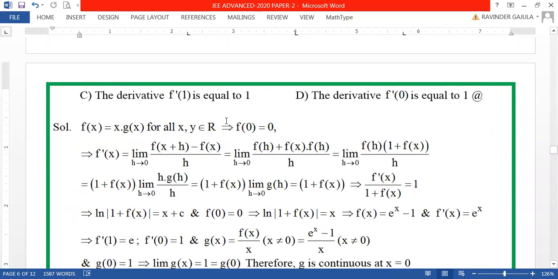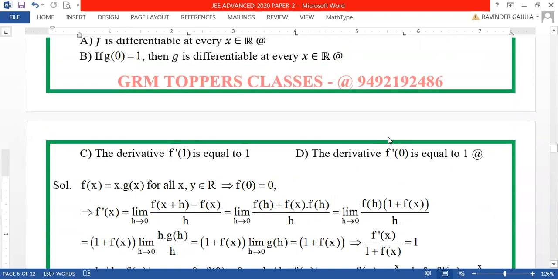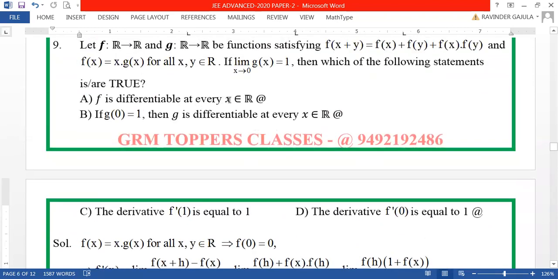But here f dash 1 is given as 1, so not equal. And f dash 0 is equal to 1, that is correct. Along with f is differentiable everywhere. And when g of 0 equal to 1, g of x is differentiable everywhere is the right answer.